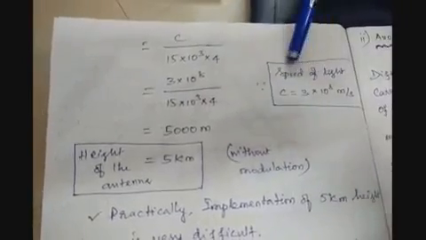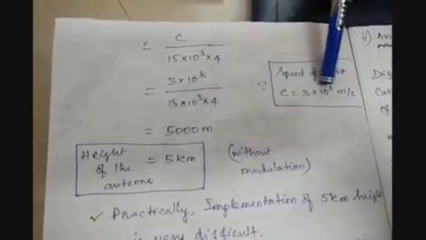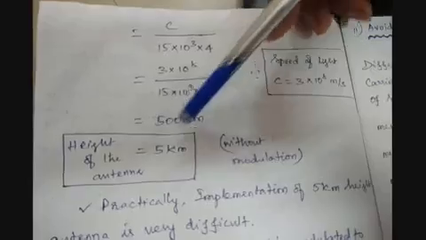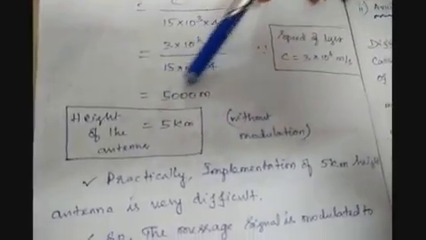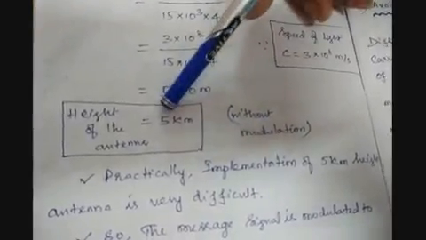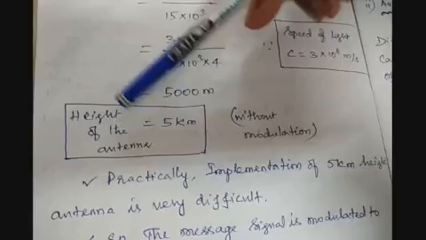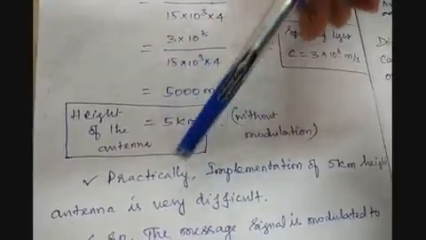The speed of light is 3 into 10 power 8 meters per second. Substituting and simplifying, we get 5000 meters, that is 5 kilometers. So without modulation, the height of the antenna is 5 kilometers.